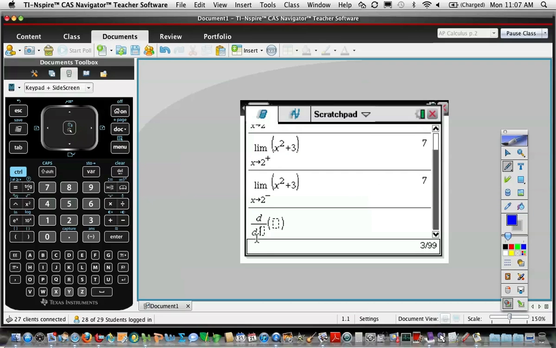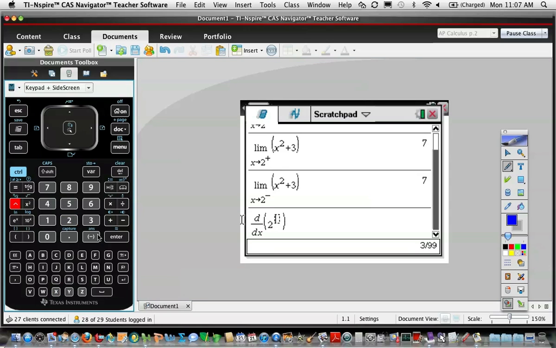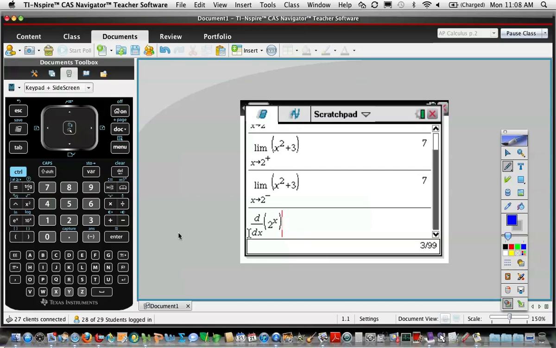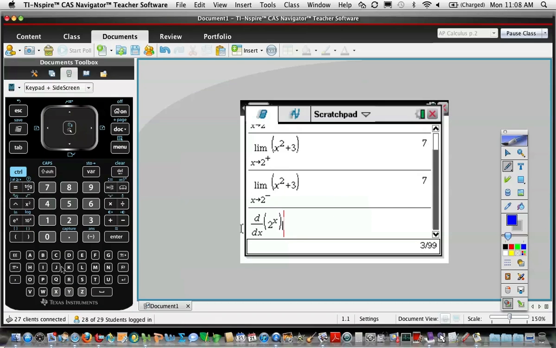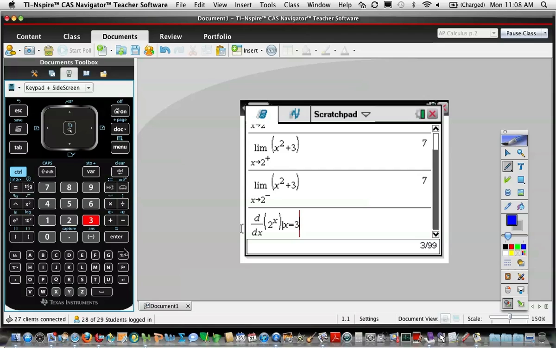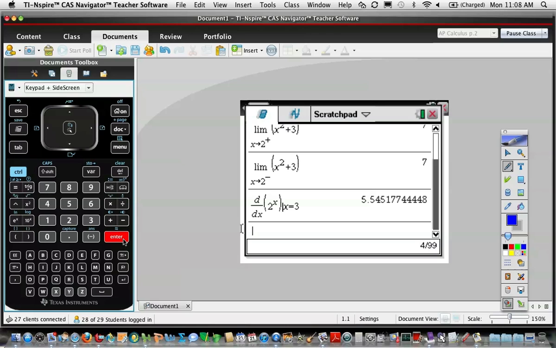I want to do the derivative of 2 to the x, and I'm going to put my vertical bar outside of it with x equals 3. So I'm going to do the derivative of this at 3. I'm going to hit Control Enter so I get a decimal. Please work. Yes. 5.545. You think I'm joking? I had done this ahead of time.